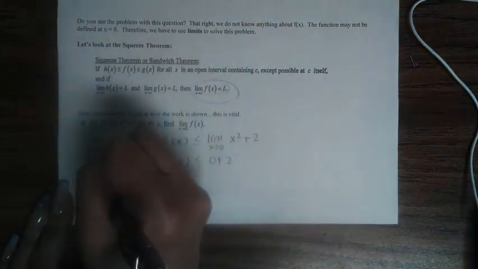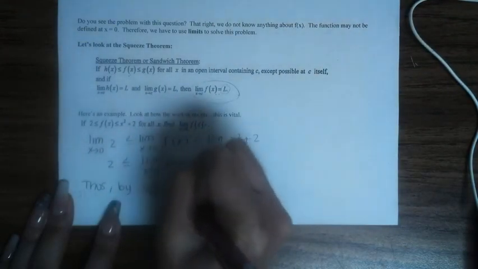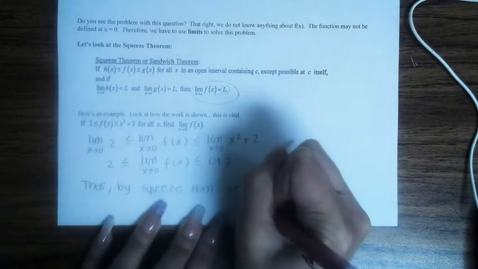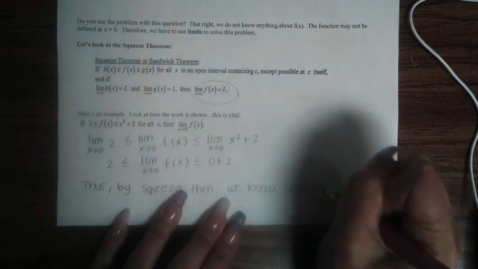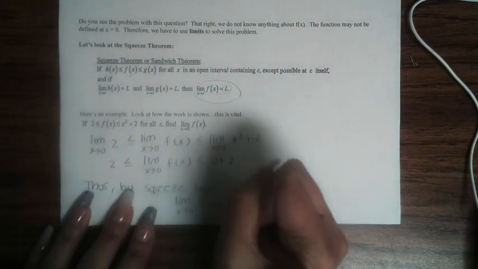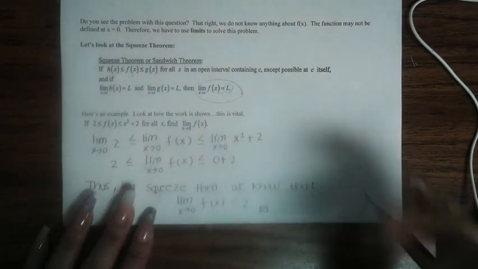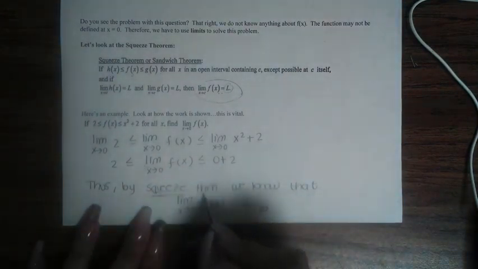Thus, by the squeeze theorem, we know that the limit when x approaches 0 of the function f of x is equal to 2. Please remember that when you are using a theorem, you do need to state it. It's quite important.